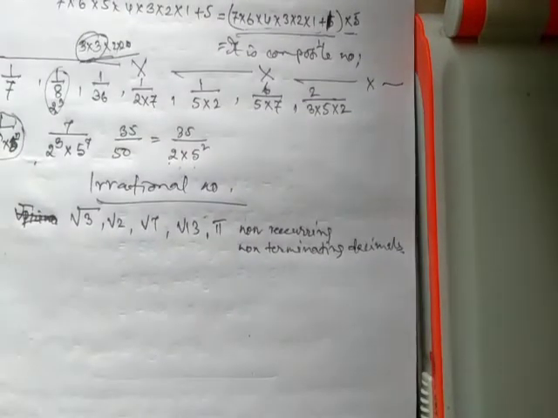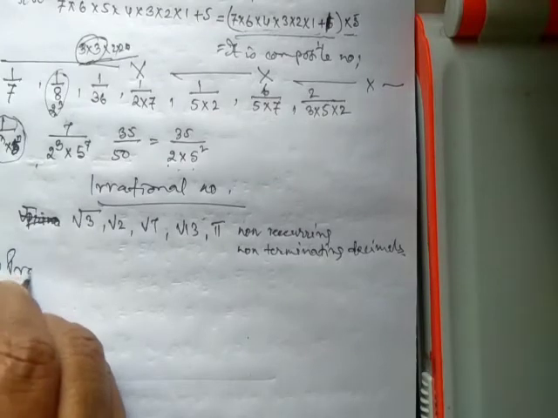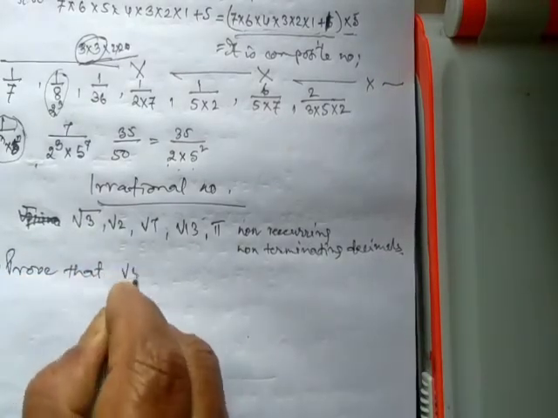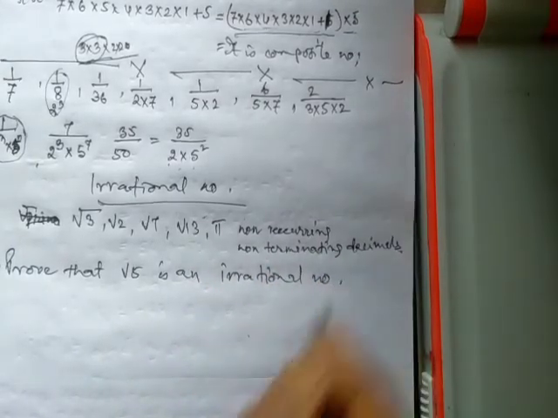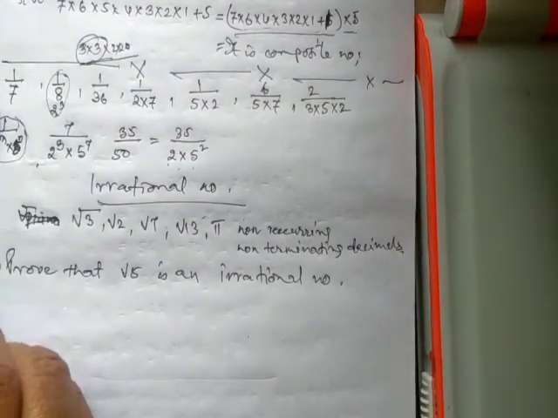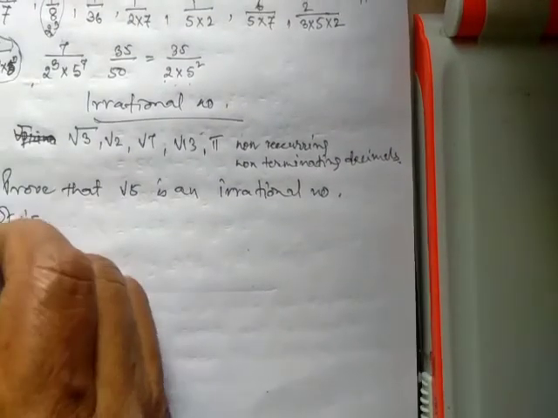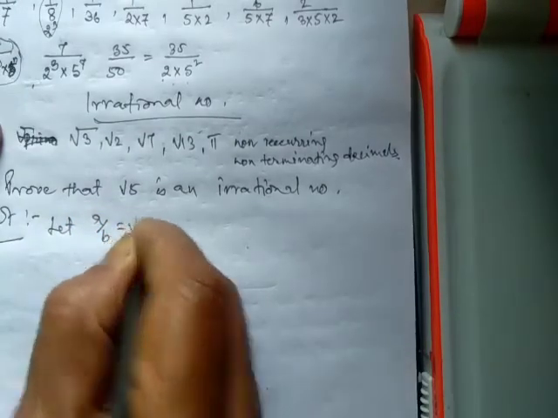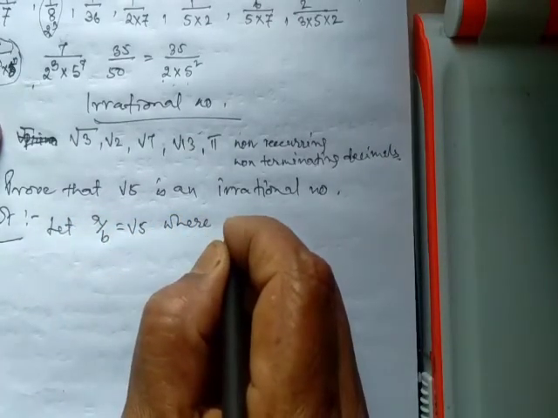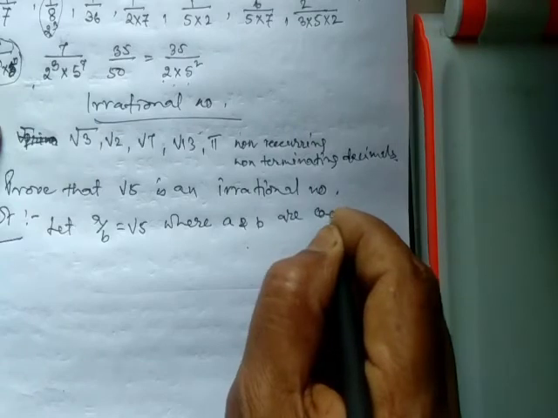Now, let us prove that root 5 is an irrational number. Example 1. Prove that root 5 is an irrational number. Proof. Let a by b is equal to root 5, where a and b are co-primes.